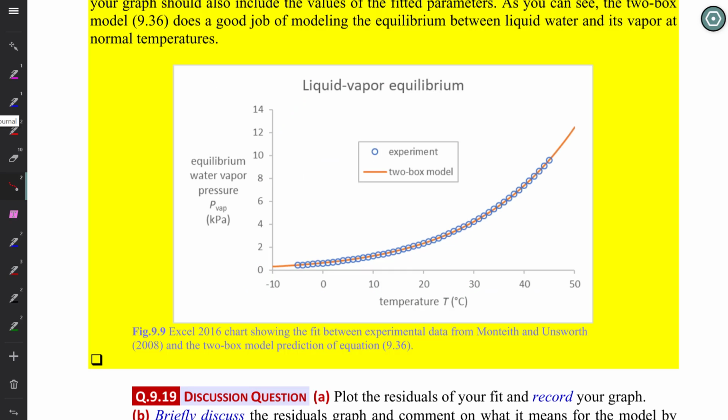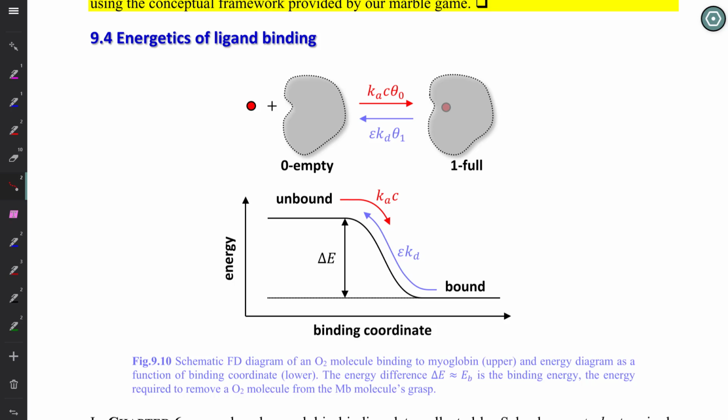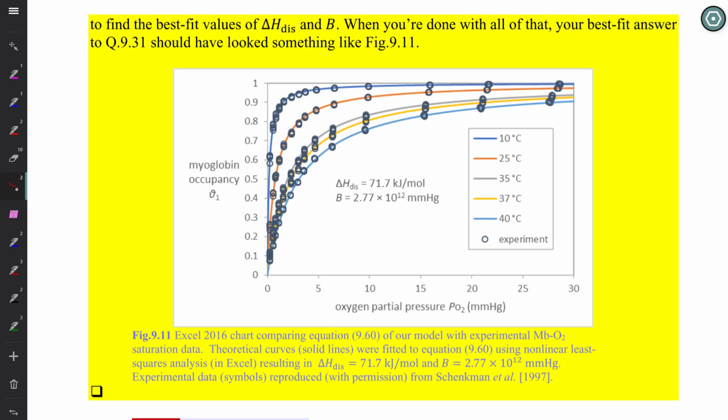And the model successfully predicts the equilibrium water-vapor pressure as a function of temperature. The same concept can also be applied to ligand binding, resulting in a surprisingly good fit to experimental data for myoglobin occupancy as a function of partial pressure at 5 different temperatures.